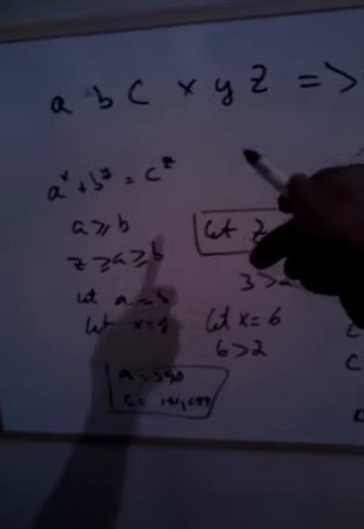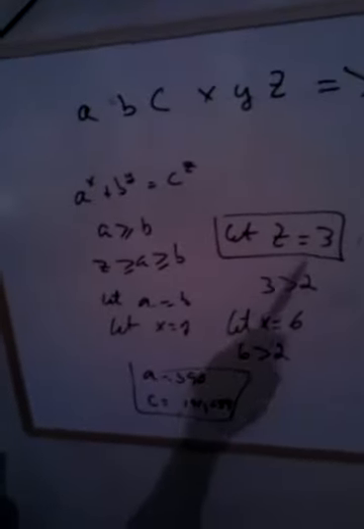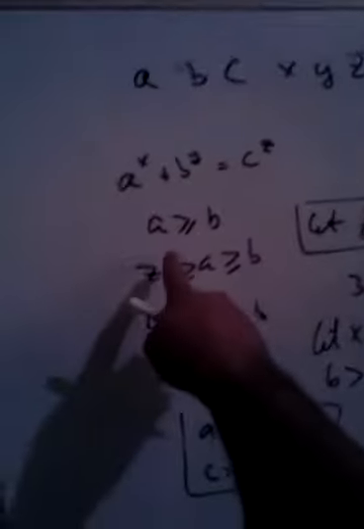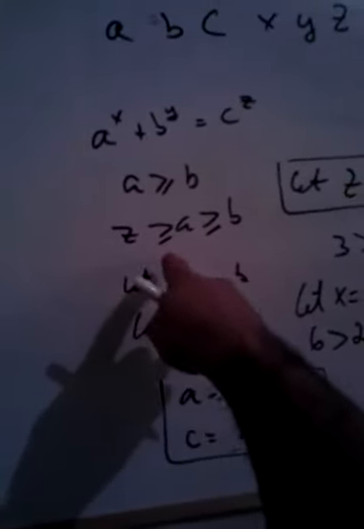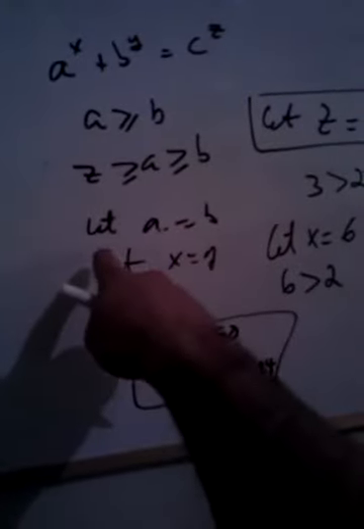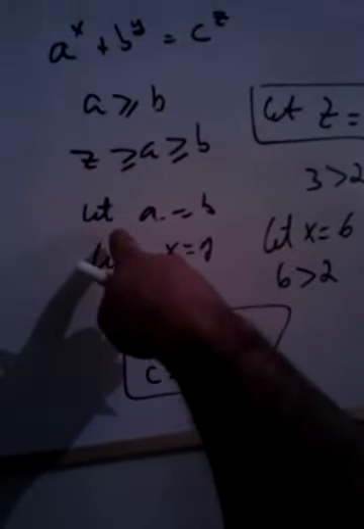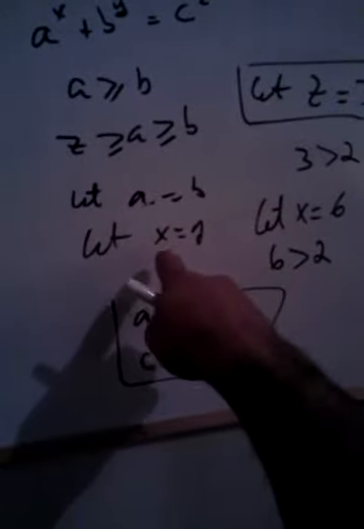So what we have here is the problem: the three exponents X, Y, and Z have a common prime factor of 3 and are greater than 2. I made some assumptions. I observed that A has to be greater than or equal to B, and Z has to be greater than or equal to A. So I said, since it wasn't illegal, let A equal B and let X equal Y. Then I assigned values that met the original requirements.